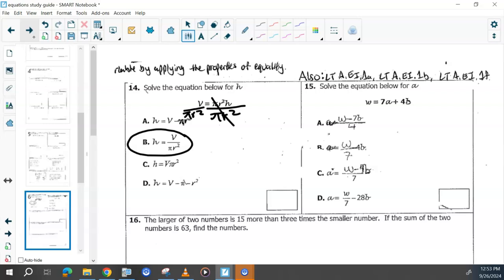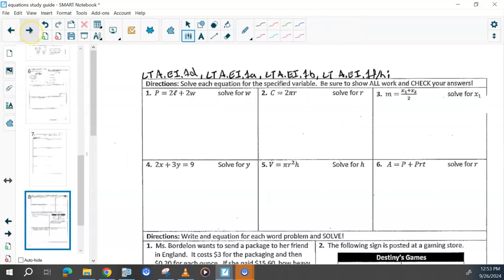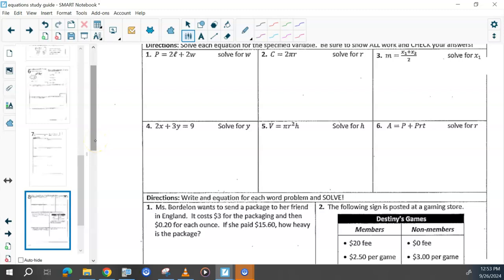Could we do page 8, number 6? Page 8, number 6. Still our literal equations. We're solving this for r. We have to get rid of this single p by subtracting.